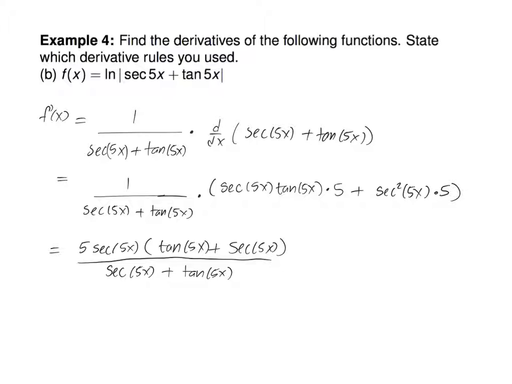Can anything cancel? Those can't cancel. You can only cancel if they're factors and they sort of divide to 1. The tan 5x plus secant 5x can cancel with the tan 5x plus secant 5x in the bottom. So that just becomes 5 secant of 5x.